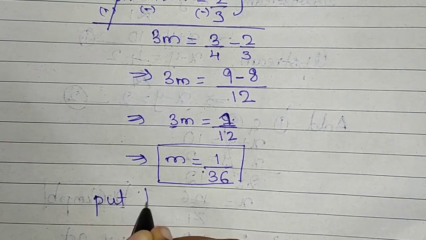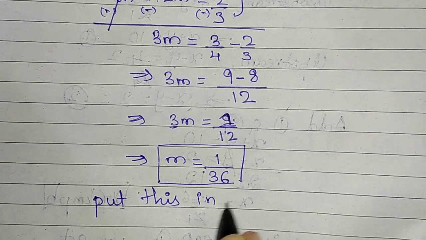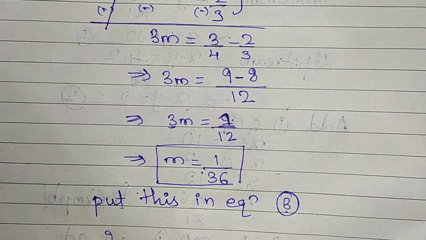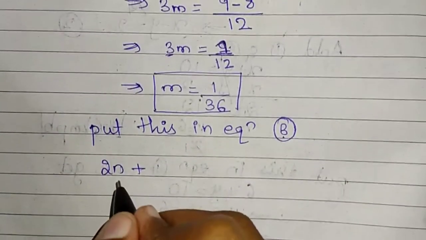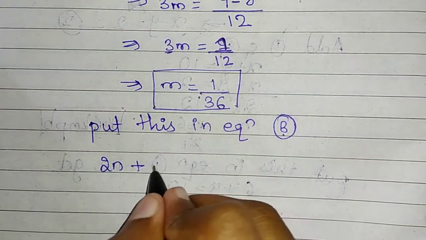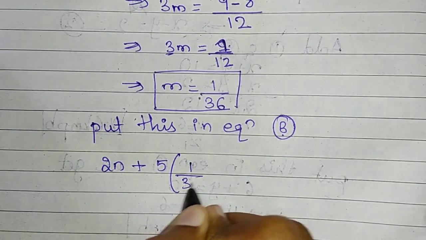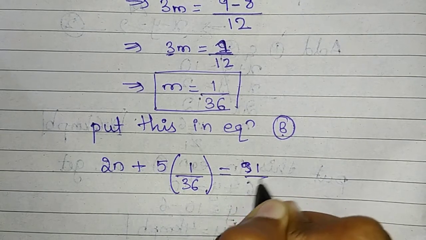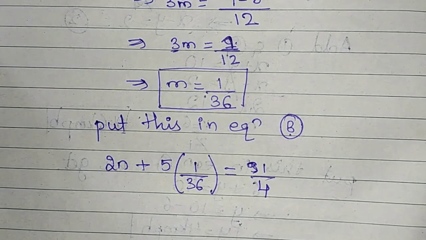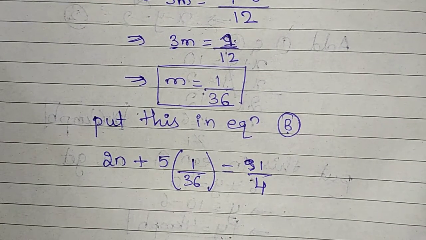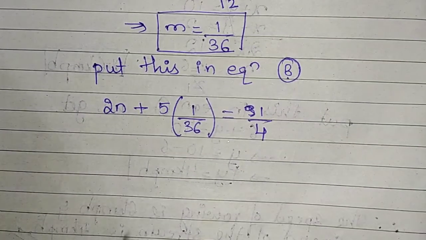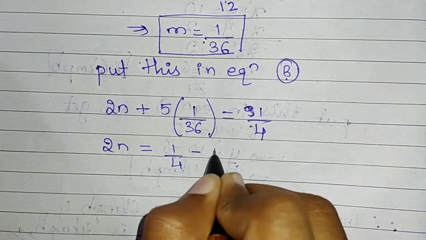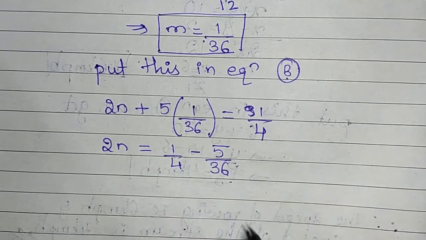Put this in equation 3. We get 2N plus 5 into 1 by 36 is equal to 1 by 4, because it is 2N plus 5M is equal to 1 by 4. So now 2N is equal to 1 by 4 minus 5 by 36.